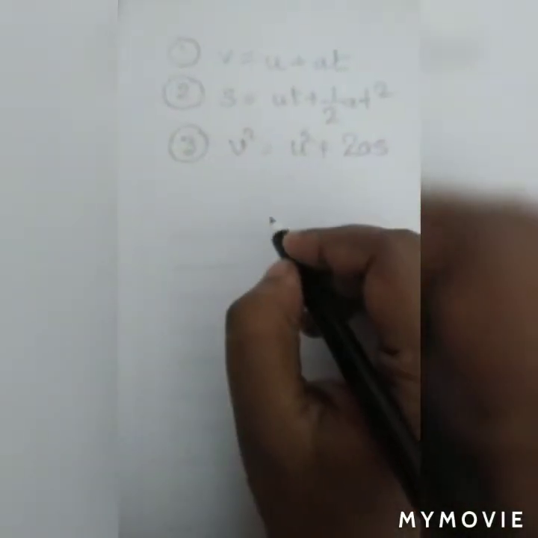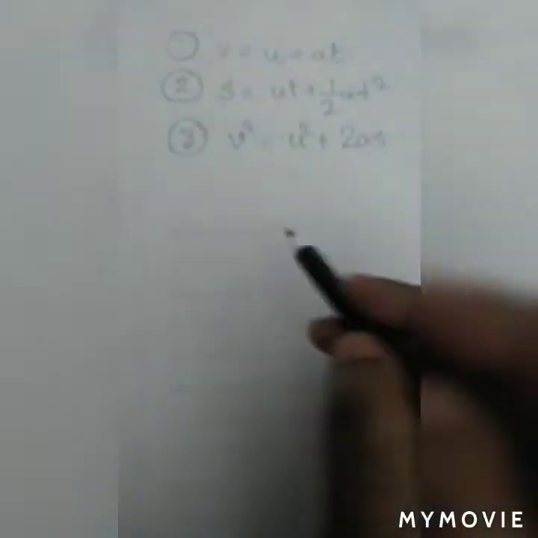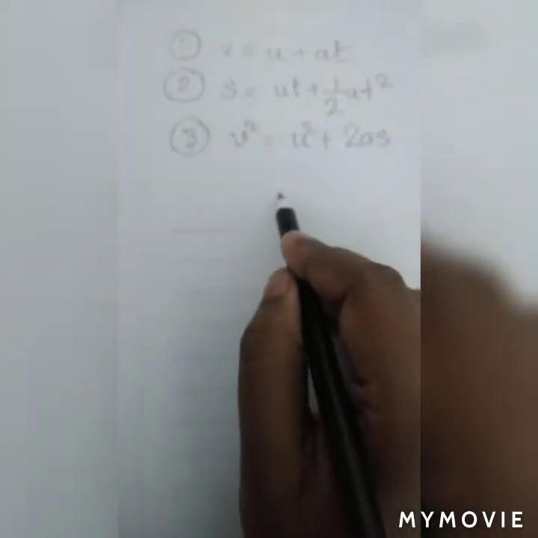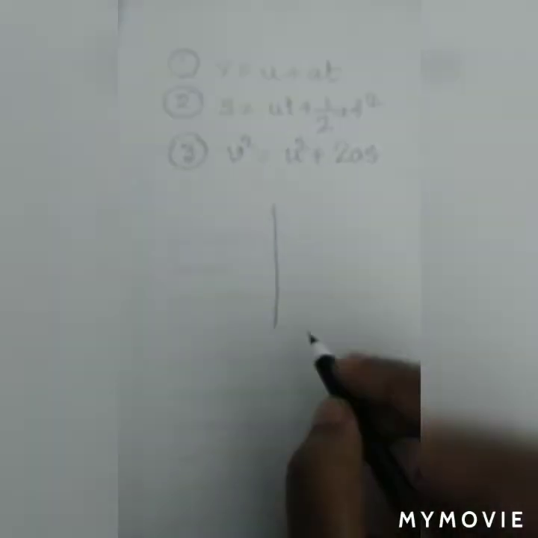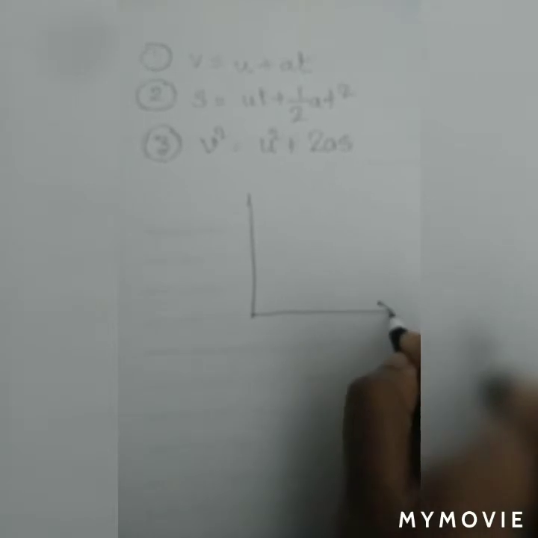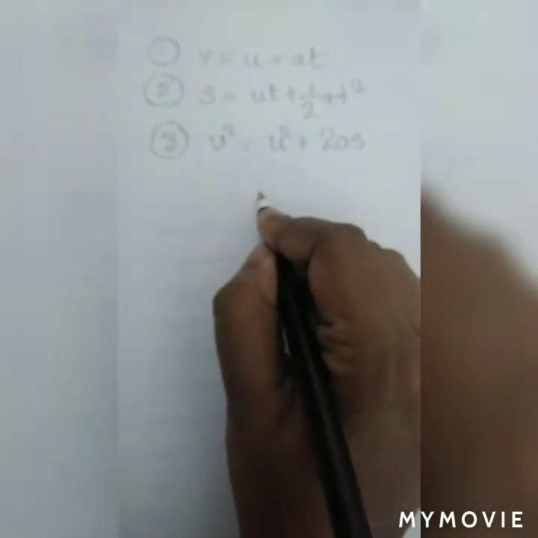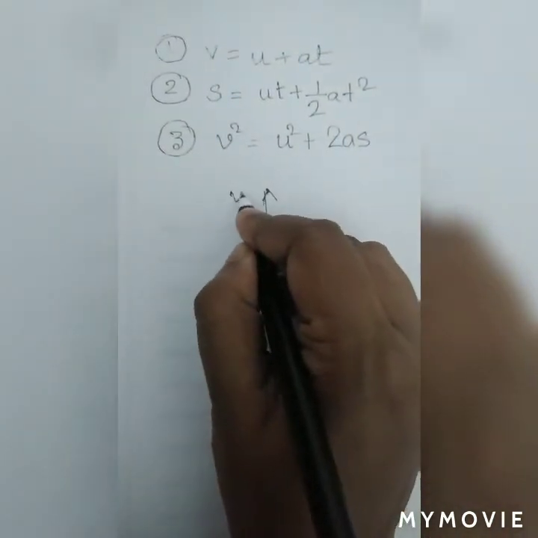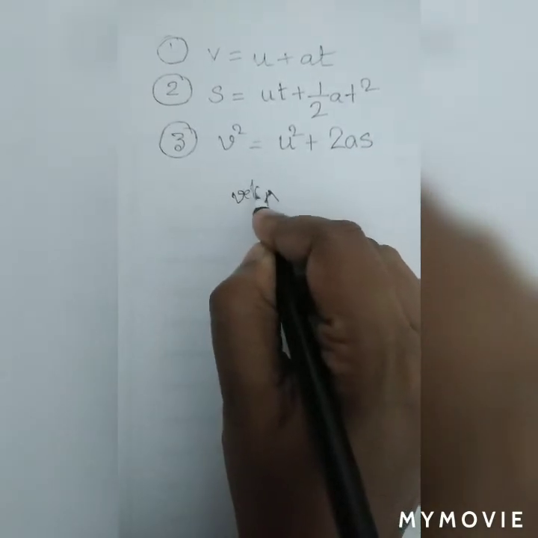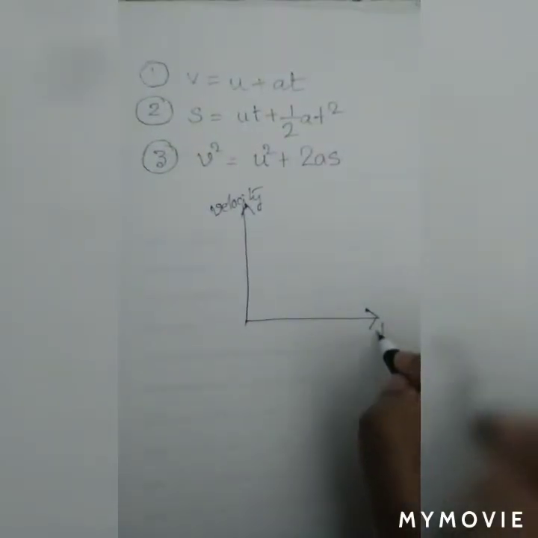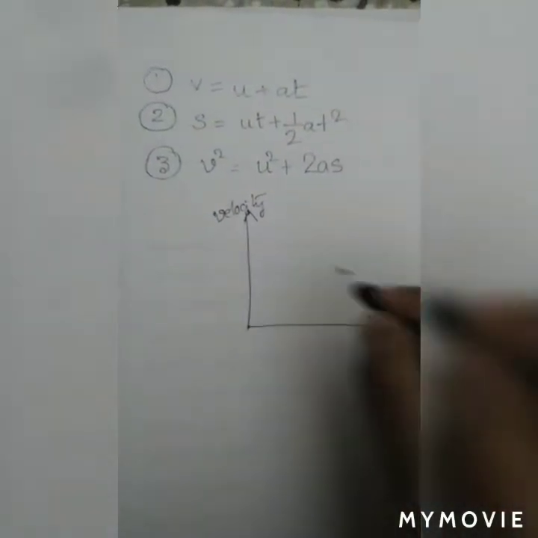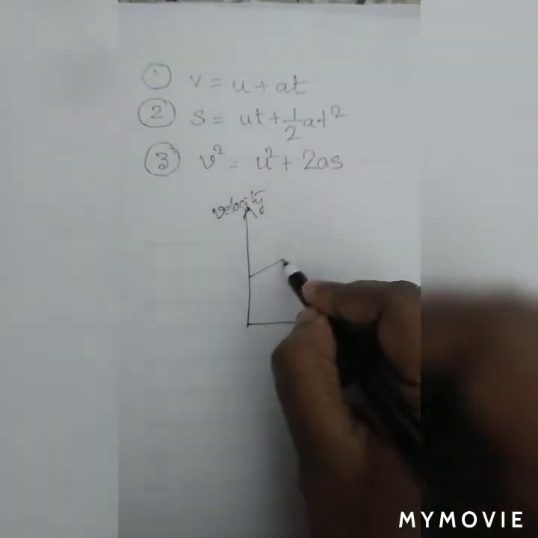Okay. So now let us draw the graph. It is a velocity time graph. And it is not starting from 0.